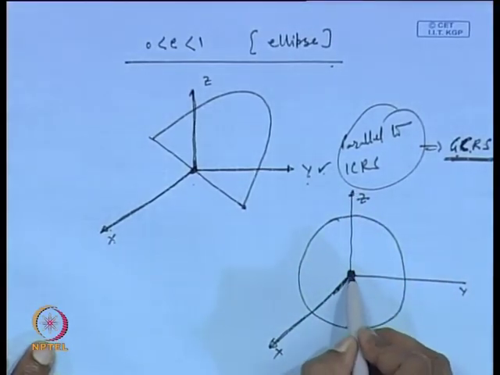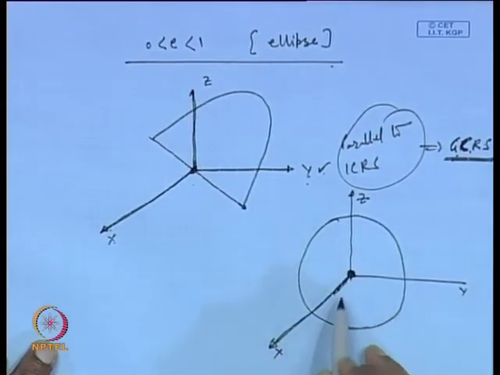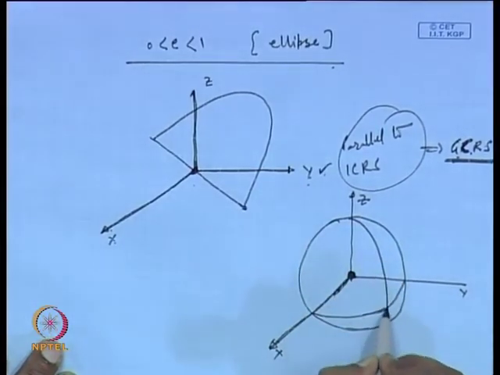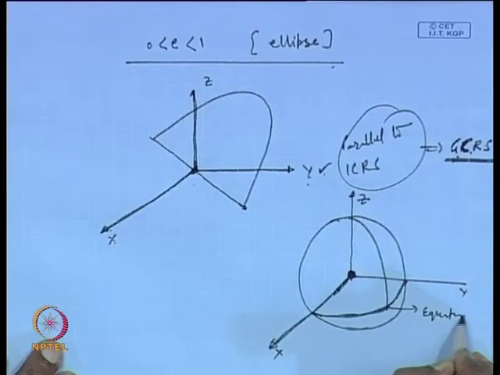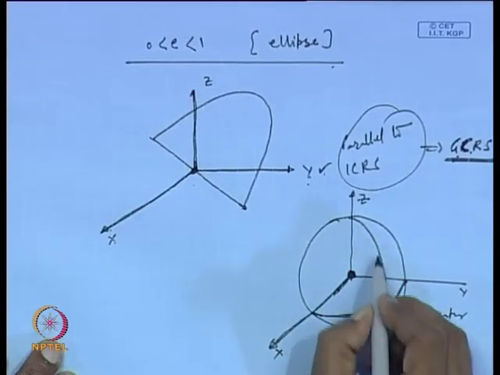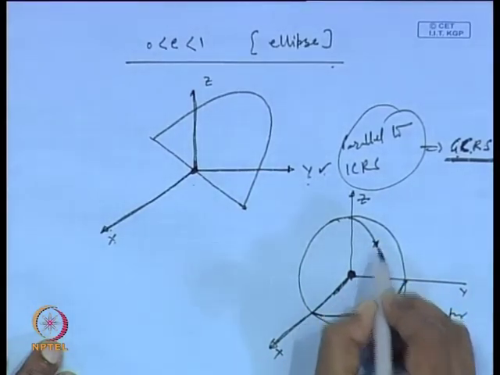And therefore, if we look into this case, here we have the earth, and on the earth this is the equator. Somewhere say our ground station is there.